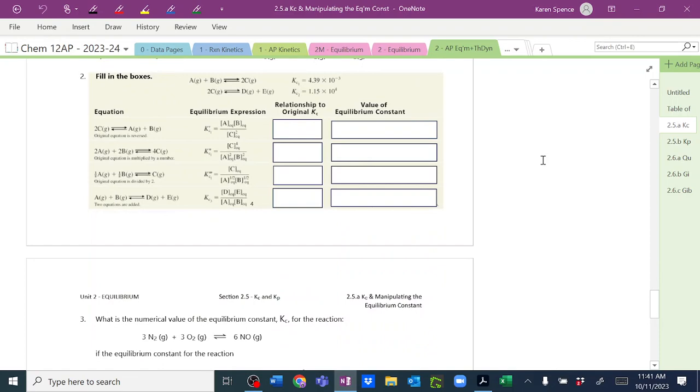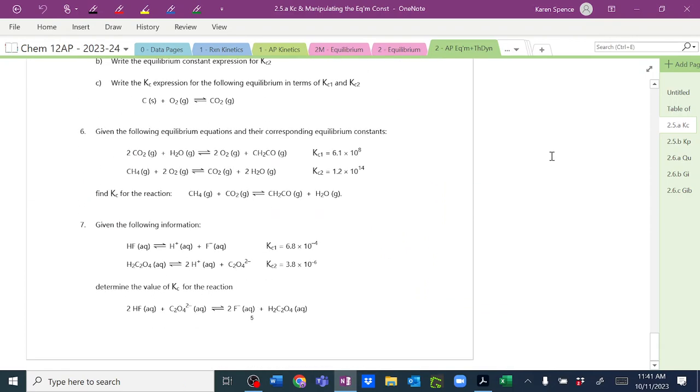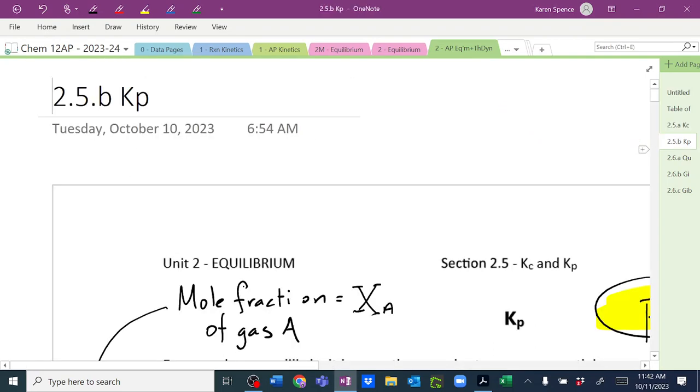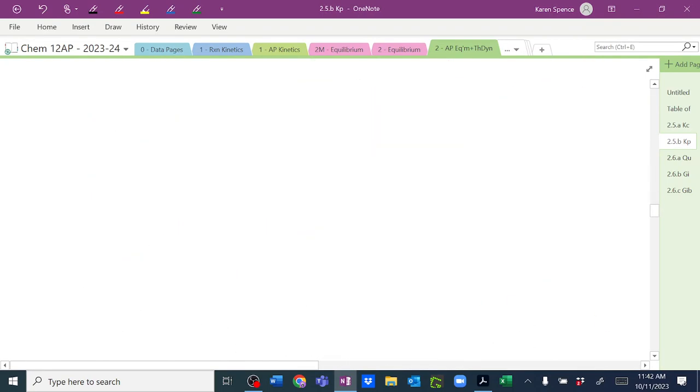In your AP booklet, pages 4 and 5, AP extras. Because your quiz isn't until Friday, I'll give you some of this stuff now. Pages 4 and 5, and what else?